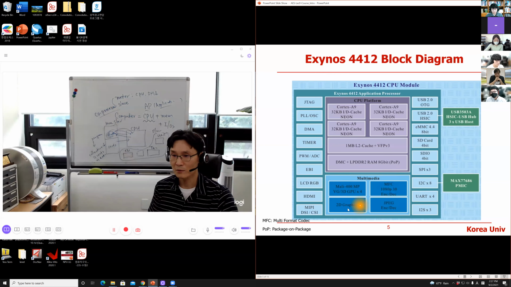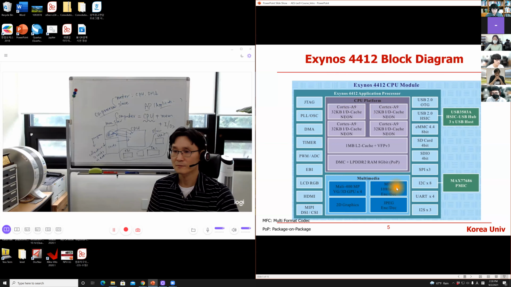Like a CPU processor, they help the CPU. If the work is too heavy and takes too much time on the CPU, you can offload video decoding work to this co-processor.